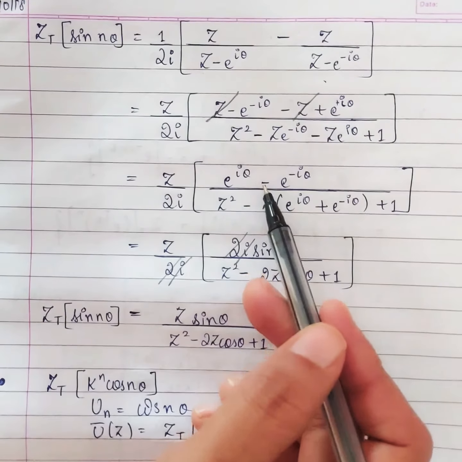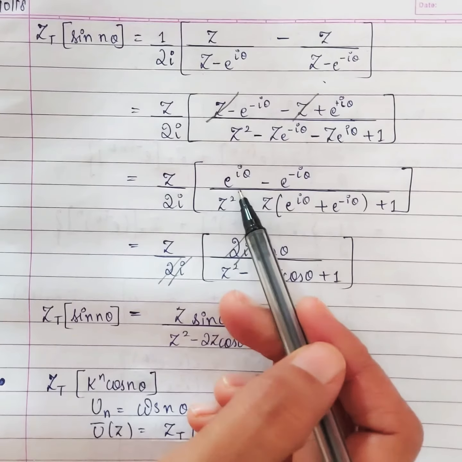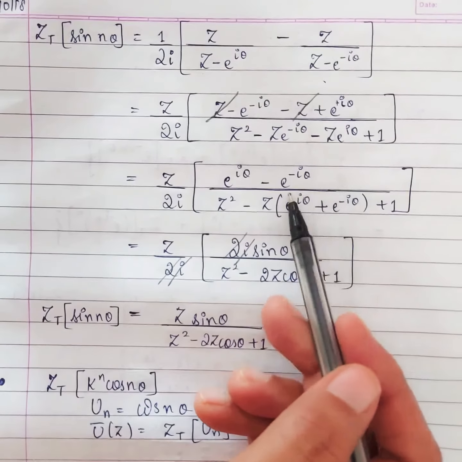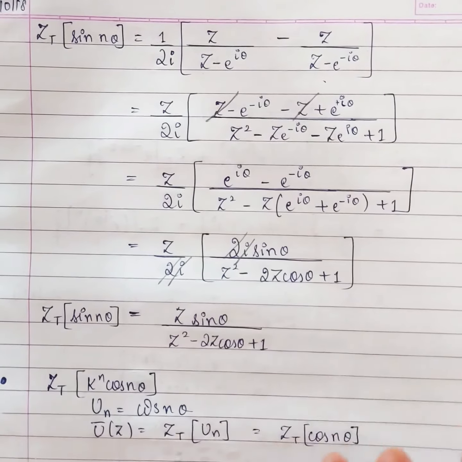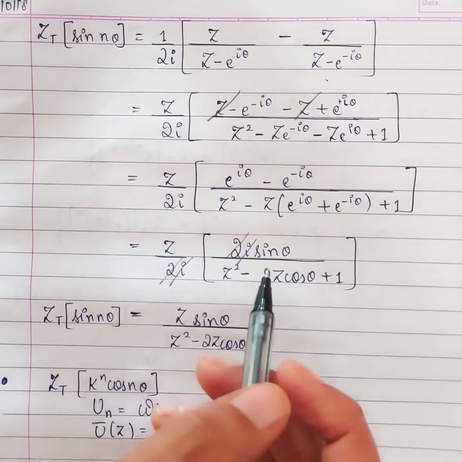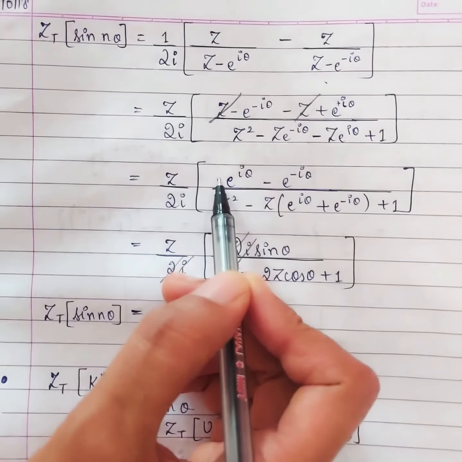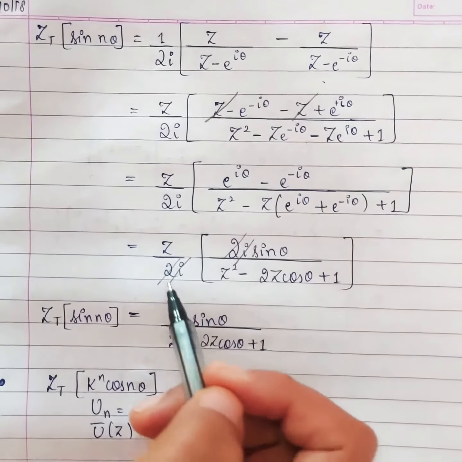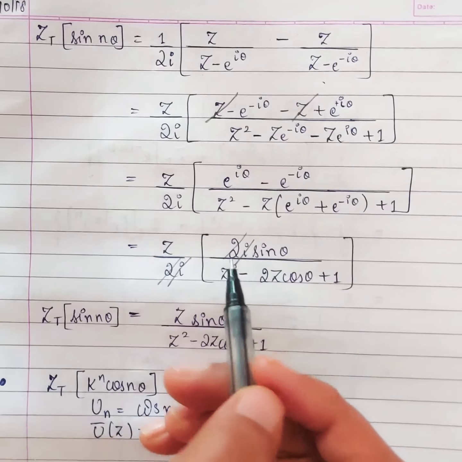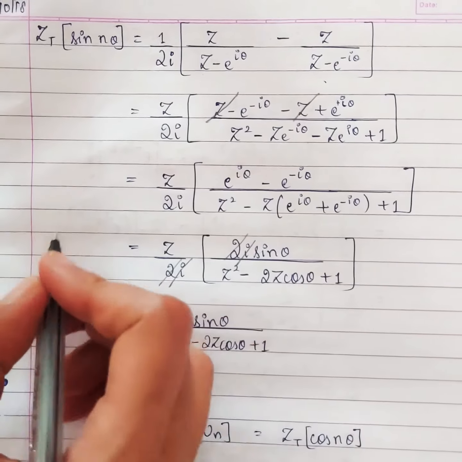Same way, the sin theta formula is e power i theta minus e power minus i theta divided by 2. So 2 sin theta we have in the numerator, and this 2 in the numerator and this 2 outside will get cancelled. And this is not only 2, actually this is 2i, because sin theta we know the formula.